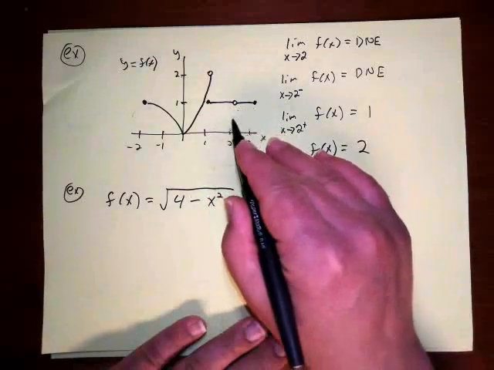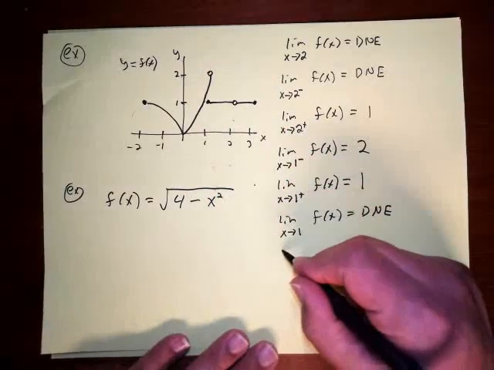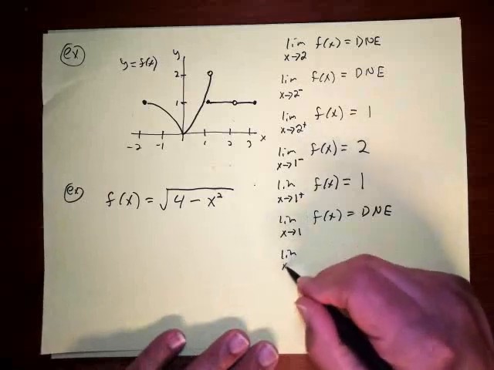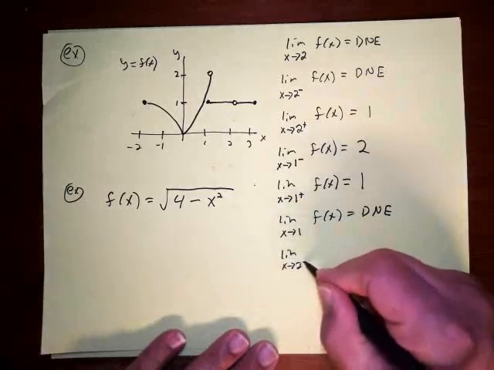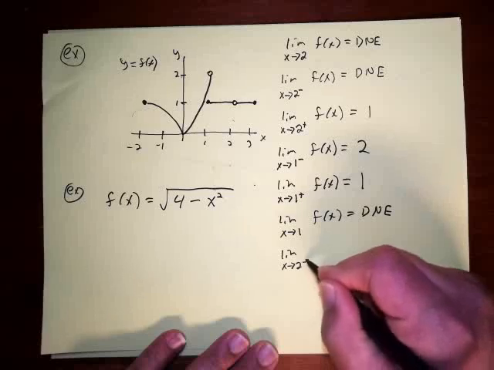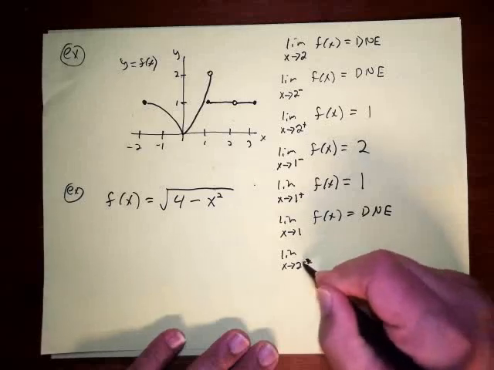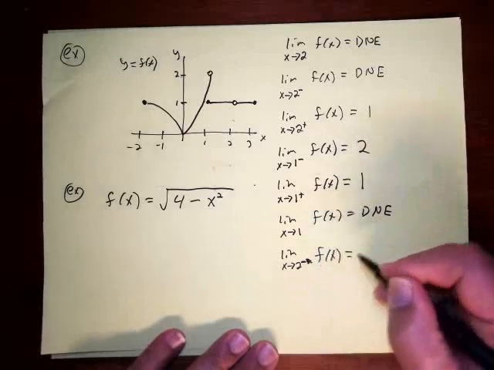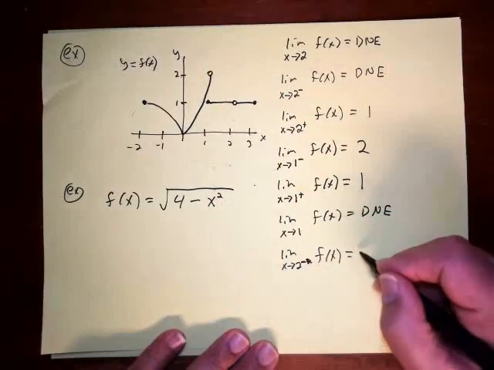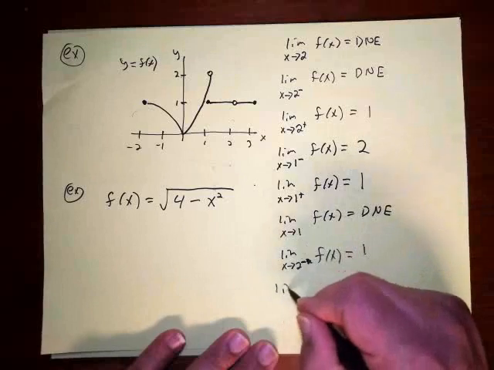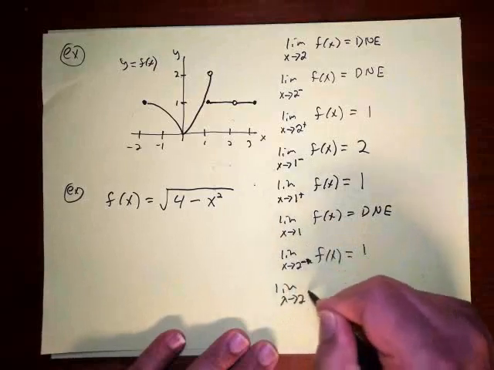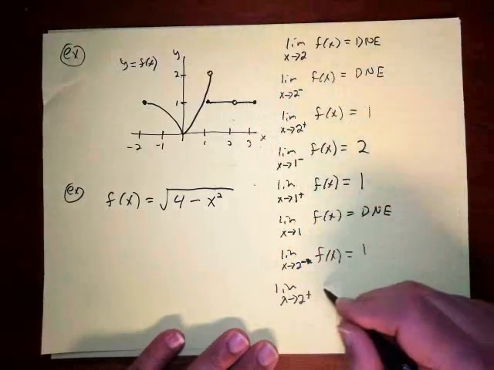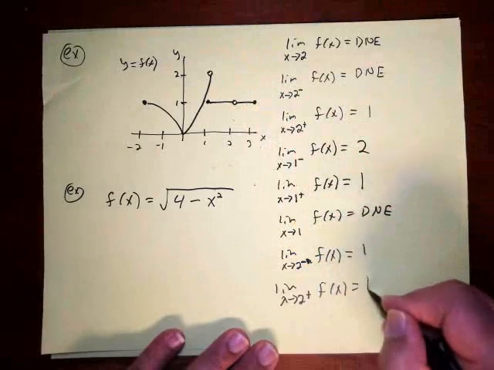For this one here, it's not defined at 2, but you could do the limit as x approaches 2 from the negative side. Sorry, this should just be a negative of f of x. And that would exist, it's just equal to 1. The limit as x approaches 2 from the positive side also exists, and that's equal to 1.